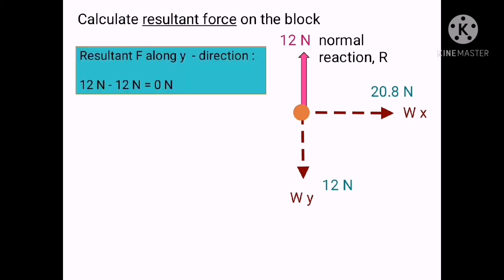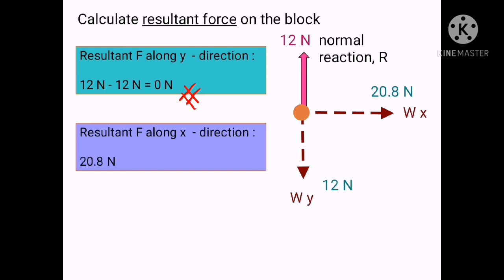Now let's look at the resultant force along the y direction first. Along the y direction, we have Wy minus normal reaction. So that is equal to 12 Newton minus 12 Newton. So my resultant force along the y direction is 0 Newton. Now what about the resultant force along the x direction?